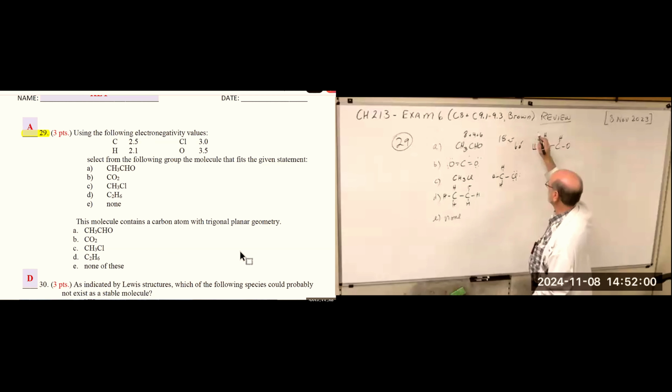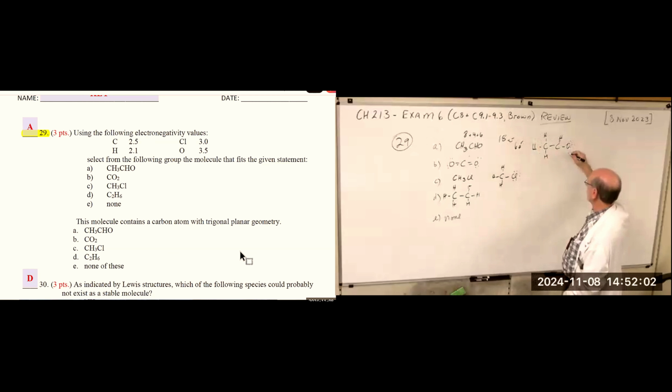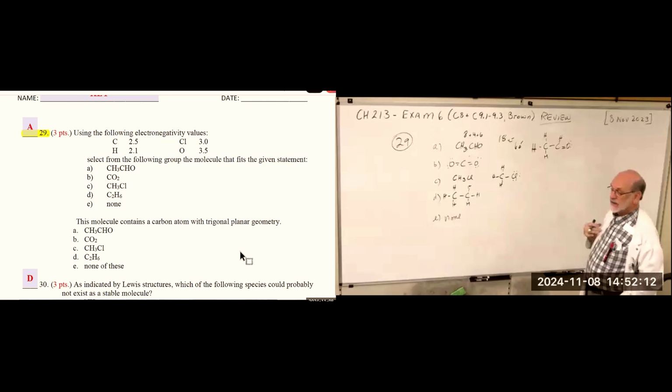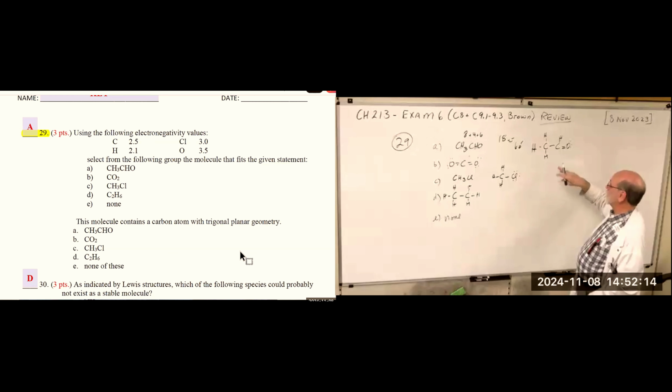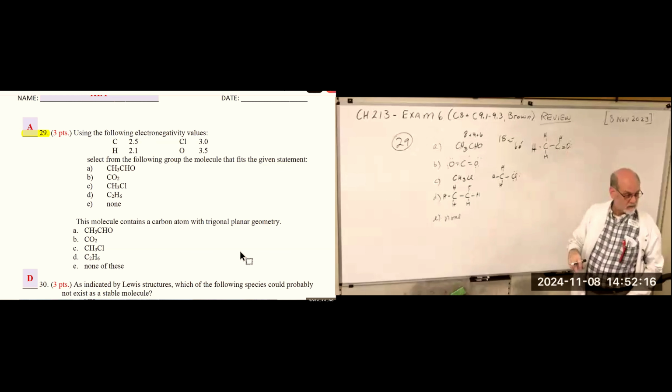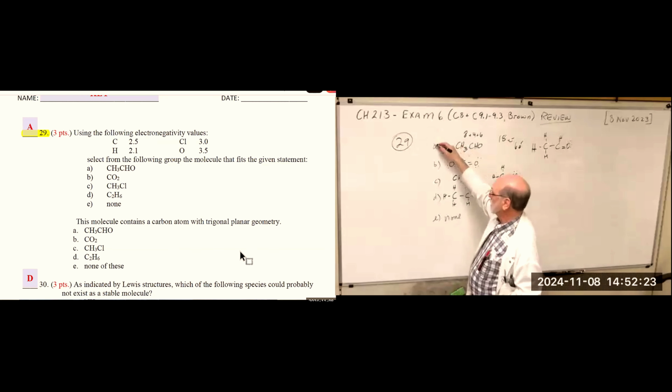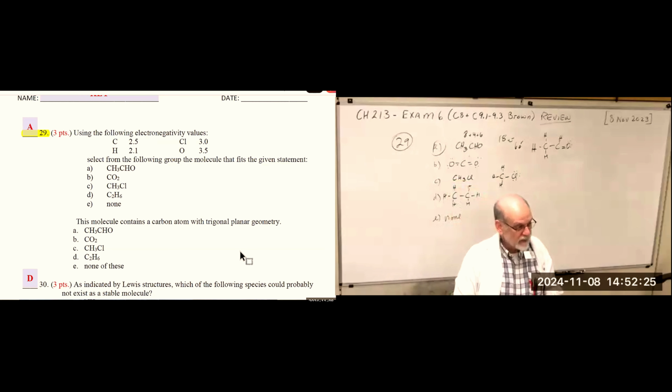So we have 6 electrons left over. 2, 4, 6. Okay, this one's already got an octet, so we need to make an octet here. Just move it over like that. Now, that's a tetrahedral carbon. This one has 3 groups. It's trigonal planar. So A would be the best answer. One of those carbons is trigonal planar.